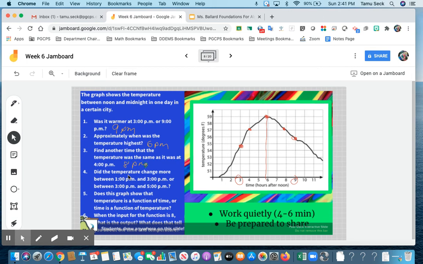Did the temperature change more between 1 and 3 p.m. or between 3 and 5 p.m.? So 1 and 3 p.m., and 3 and 5 p.m. When did it change more? So we're looking for how much it increased the most.